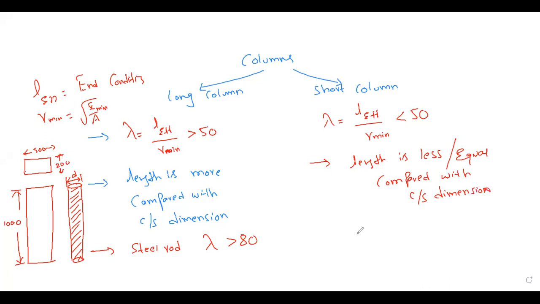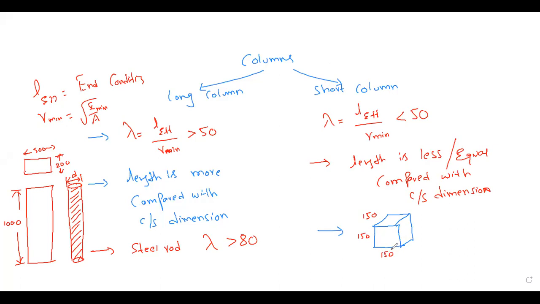For this I will tell you one example. Let us take a concrete cube. Can anyone tell me the standard size of a concrete cube? 150 by 150 by 150. Very good.